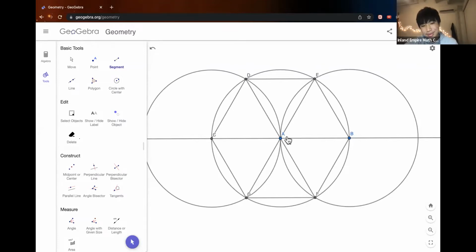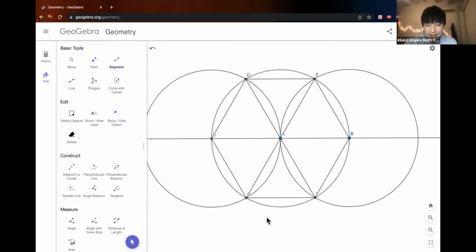Because of this property that hexagons are made out of 6 equilateral triangles, we can actually use this to our advantage. And does anyone want to see how they can prove that this hexagon is indeed a regular hexagon? Because regular hexagon basically means that it's like the most stereotypical hexagon with all sides being equal.